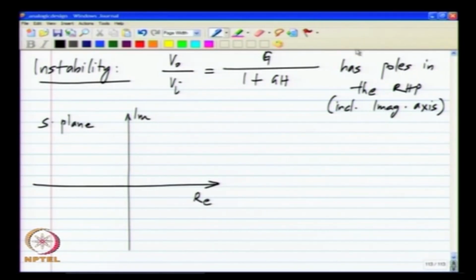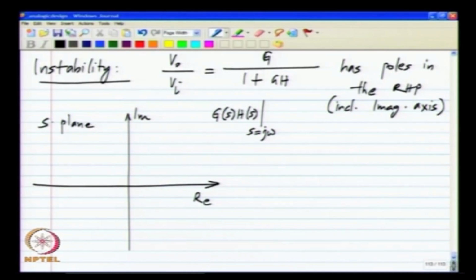So, what you can do is, instead of evaluating G by 1 plus GH and working with the polynomials, you can simply evaluate GH, okay, and that too not everywhere, but on the imaginary axis S equals j omega.